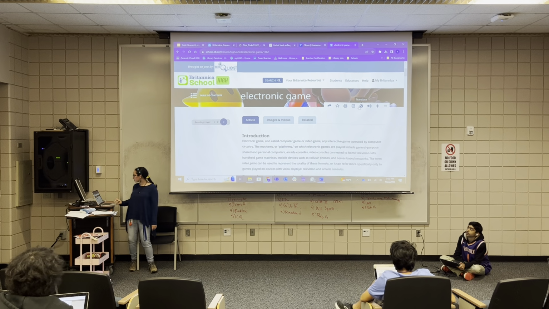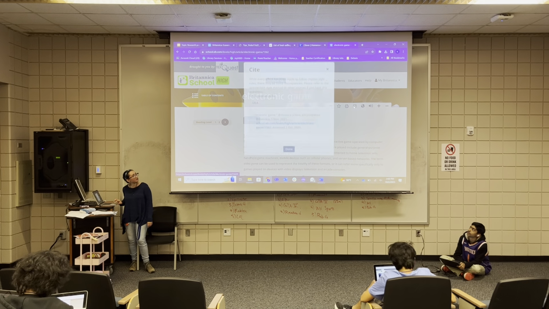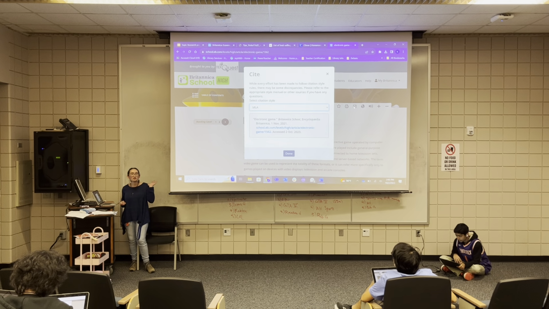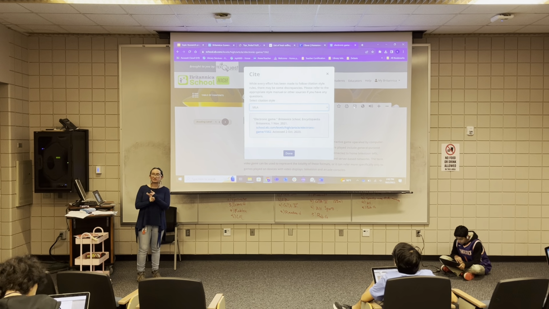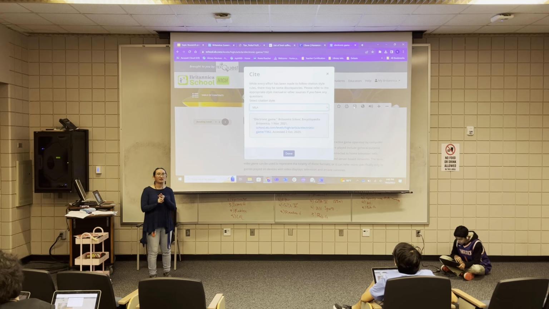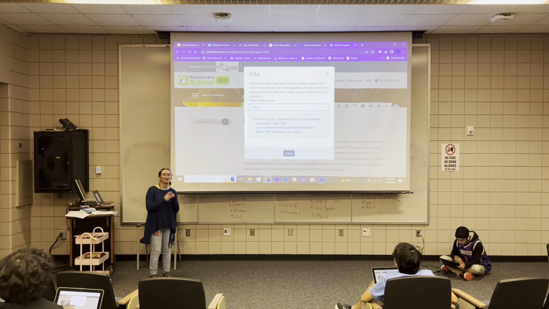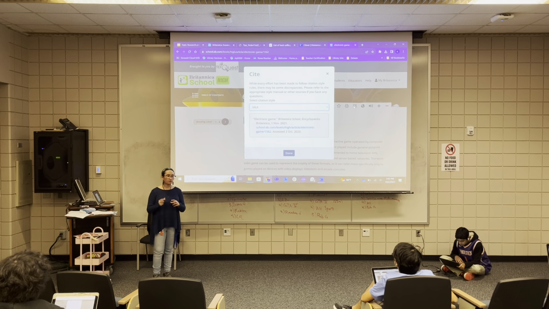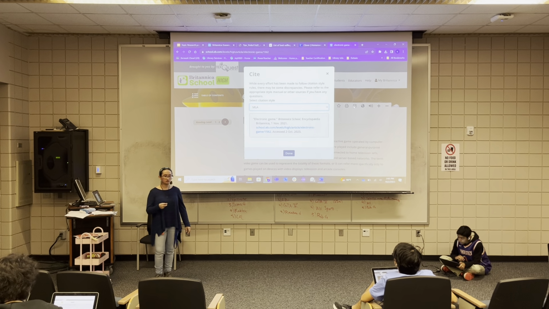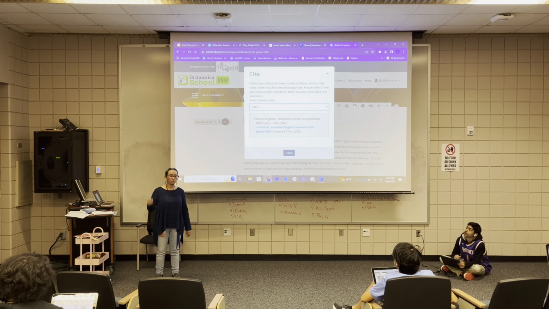So here we have a handy dandy cite button. It gives you a citation right away, so you don't have to go through and use EasyBib or Citation Machine. I know you use those, I use them too. Here's the thing, you have to be smarter than the computer, because the way they give you those citations is not 100% accurate.